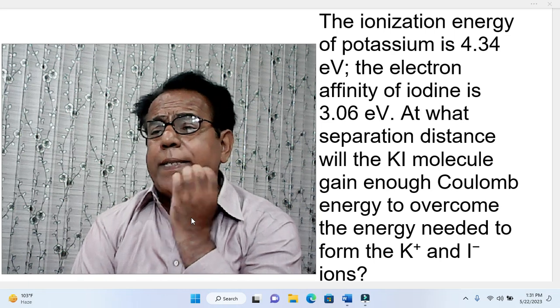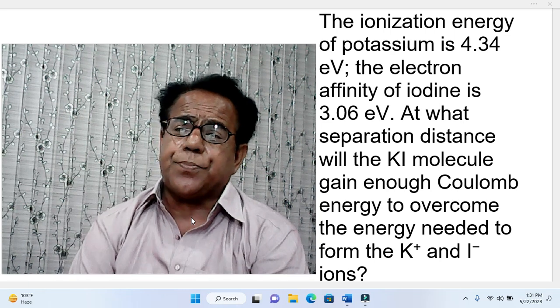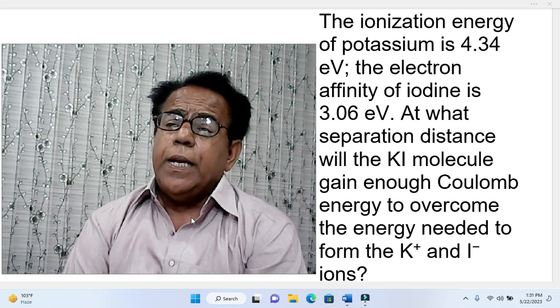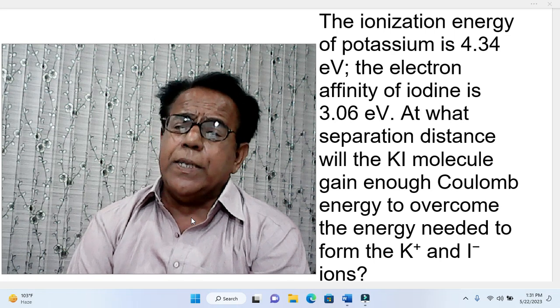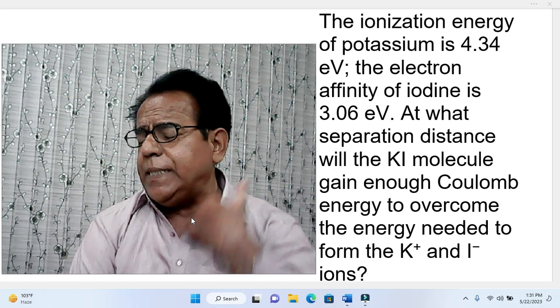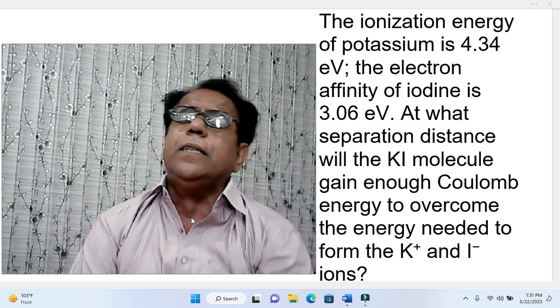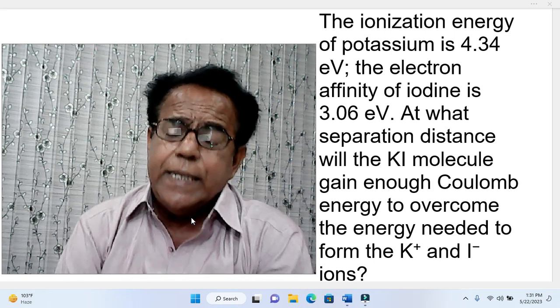Dear students, here actually we have to find out R. Here U is given, and we know that e square over 4 pi epsilon naught is already given in the table.